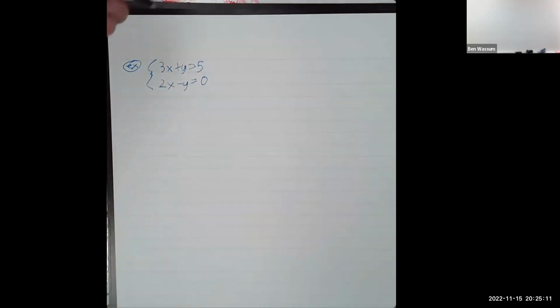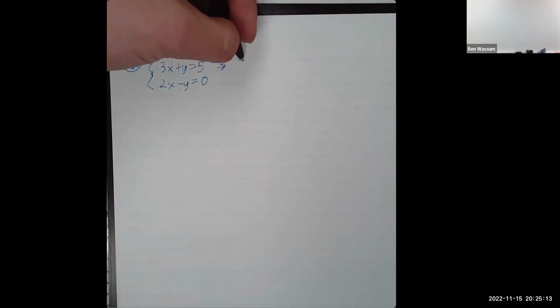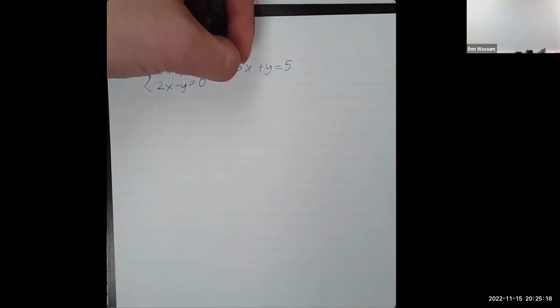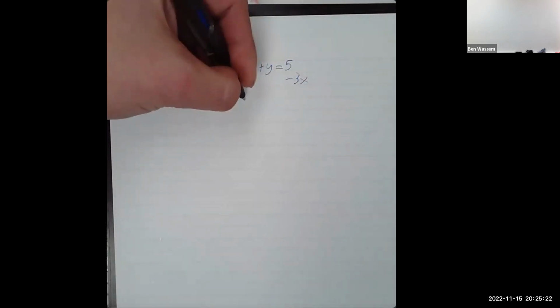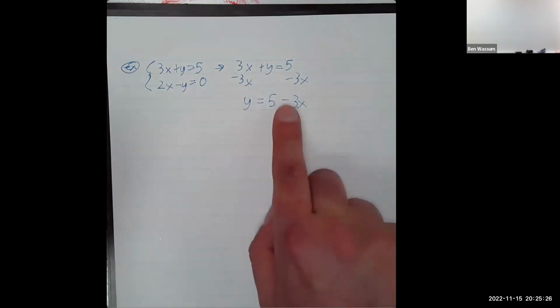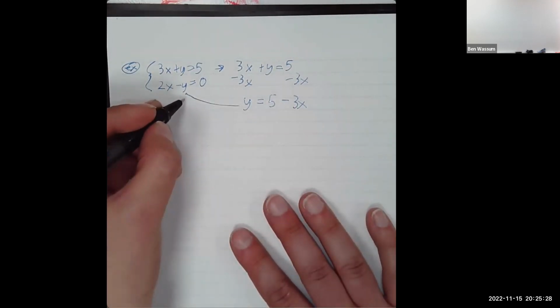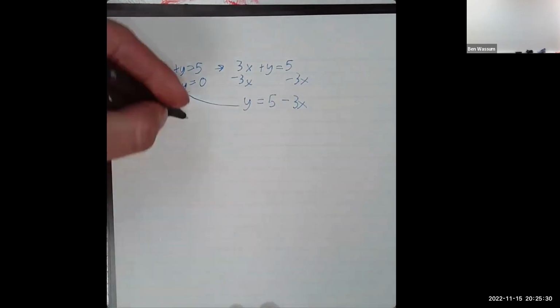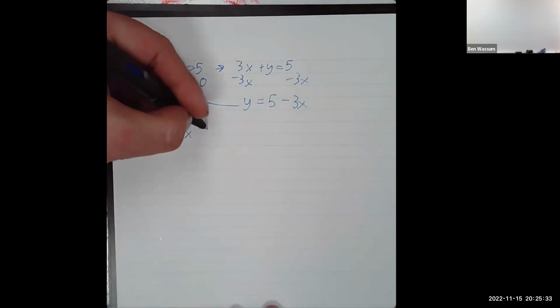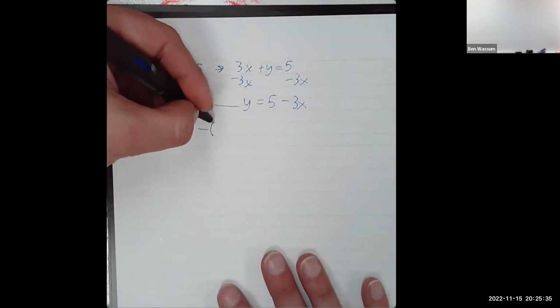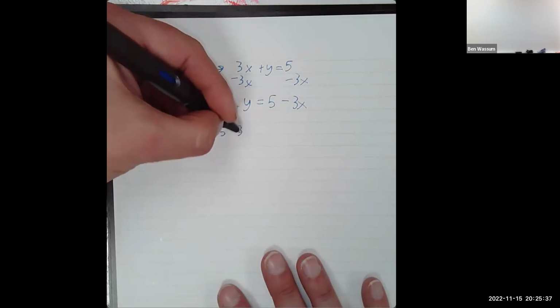Find something nice. So I'm going to solve for that y, and I have y is equal to 5 minus 3x. You take that and plug it in for that y. So we're going to have 2x minus (5 minus 3x).